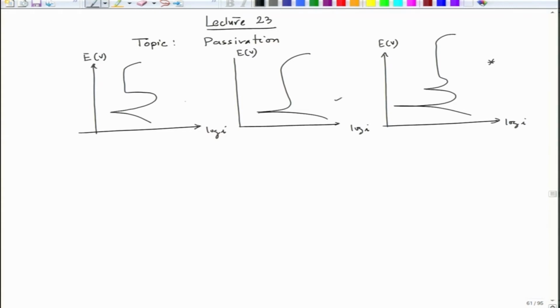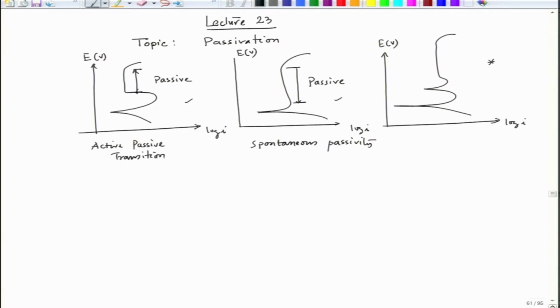but in these two cases we could see that there is a passive region, and up to this particular region is the passive zone. Out of these two, this is spontaneous passivity, and this is active passive transition.